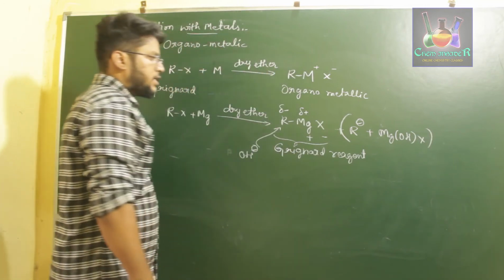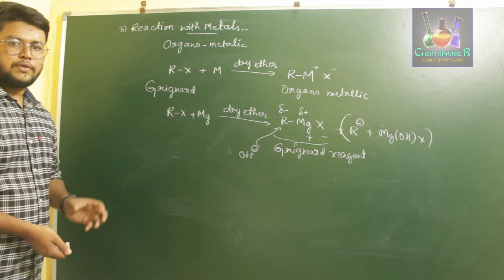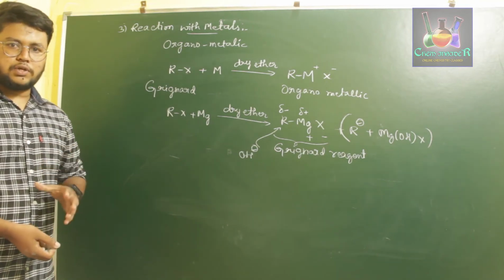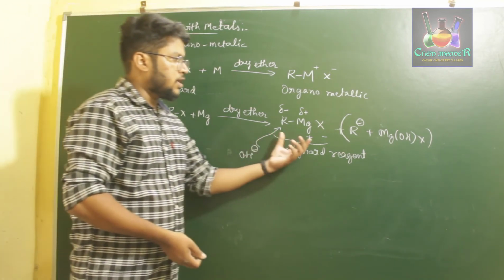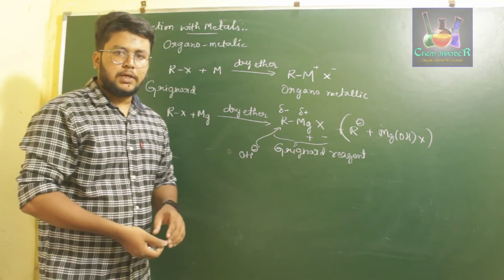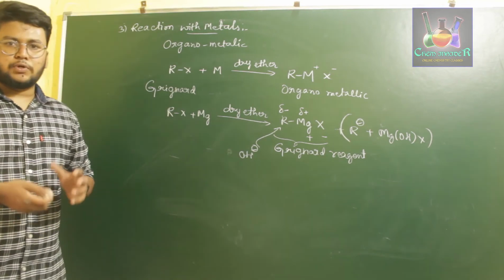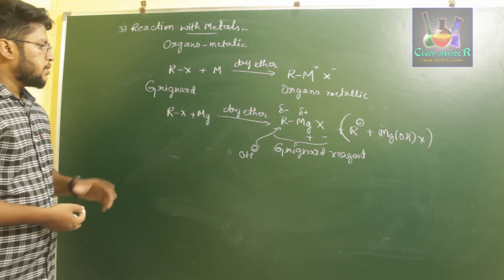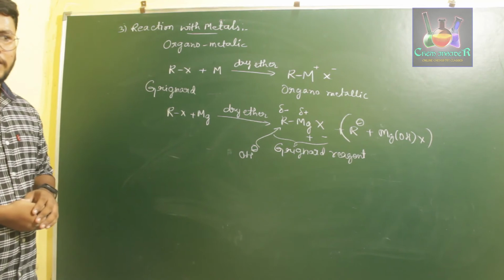Its activity is so high because it can react even with the water molecule, the weakest source of OH minus ions. Therefore, this alkyl magnesium halide is very reactive and has huge uses for the synthesis of certain compounds. So this is about a reaction of a haloalkane with a metal.